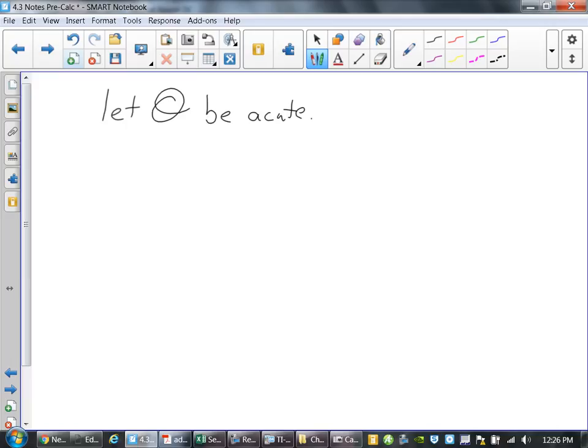Because if theta was not acute, you wouldn't be using the right triangle, would you? And let's say that the tangent of theta is 3. What's the cotangent? And what would be the secant?